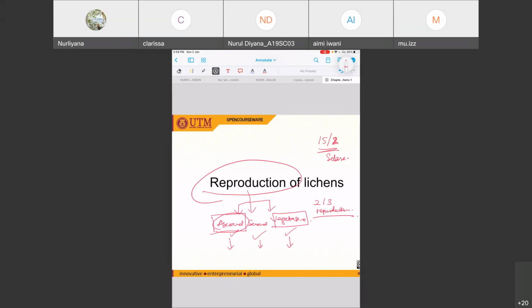Actually asexual and vegetative are the same. It's just that vegetative is emphasized in the reproduction slide because vegetative focuses on algae undergoing a process not involving any zoospores, only cells that divide into two, one cell directly producing two daughter cells and then forming an elongated version of cells.